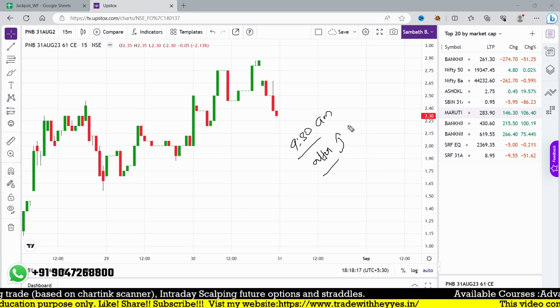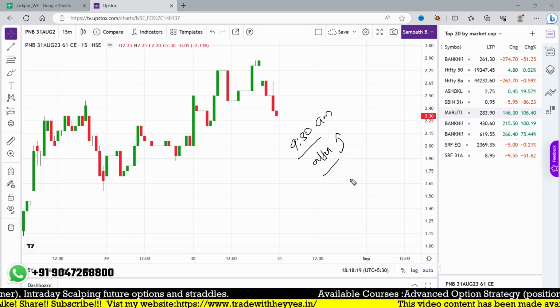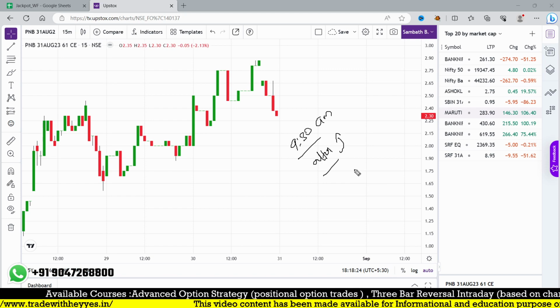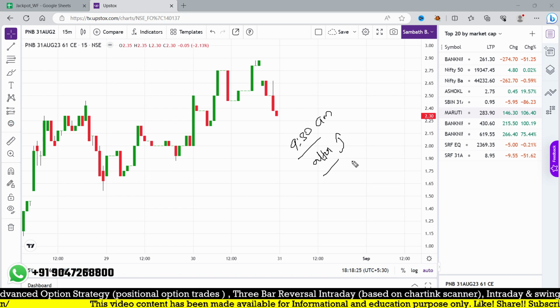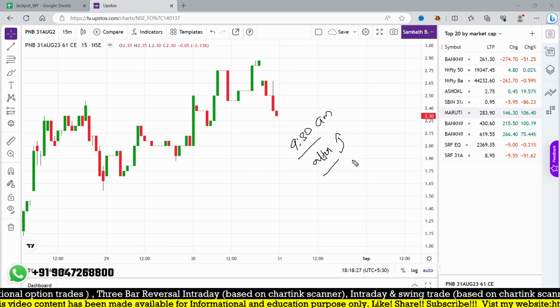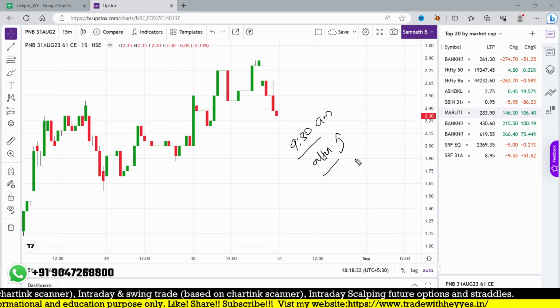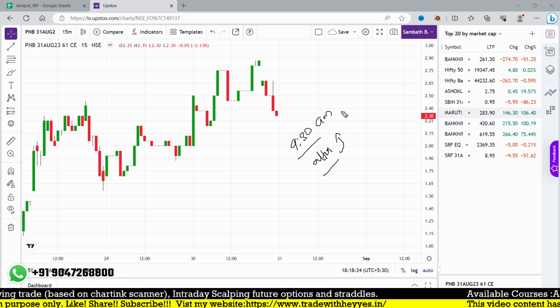If a breakout happens in the first 15 minutes, you don't take the trade, and you can focus on a retracement, re-entry, or any other lower-level buy opportunity on the same stock. Then it would be better.